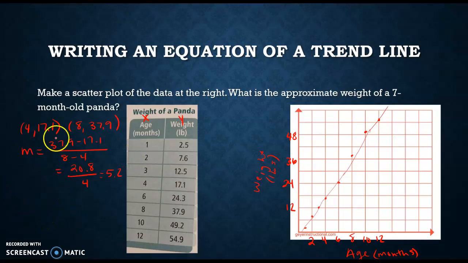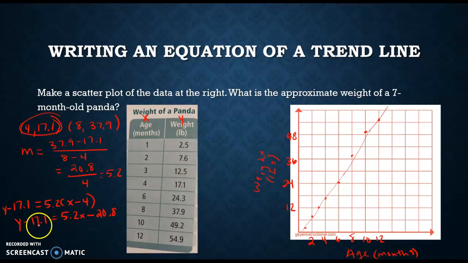From here, I'm going to use point-slope form, and I'm going to use the 17.1 as my point. So y minus 17.1 equals 5.2 times x minus 4. And so now I have y minus 17.1 equals 5.2x minus, because positive times negative is a negative, 20.8.